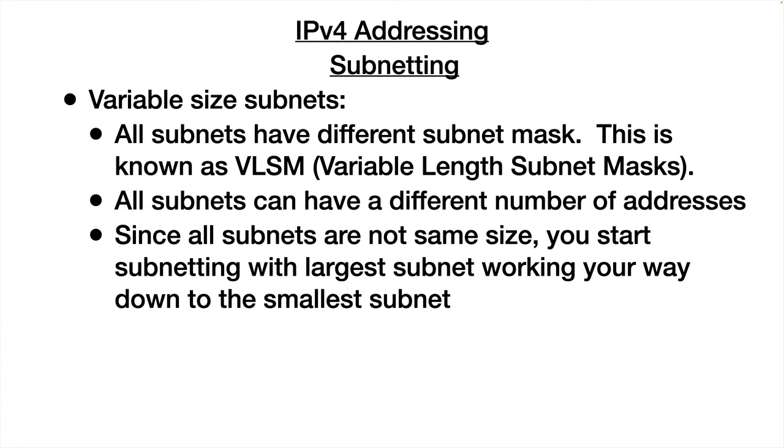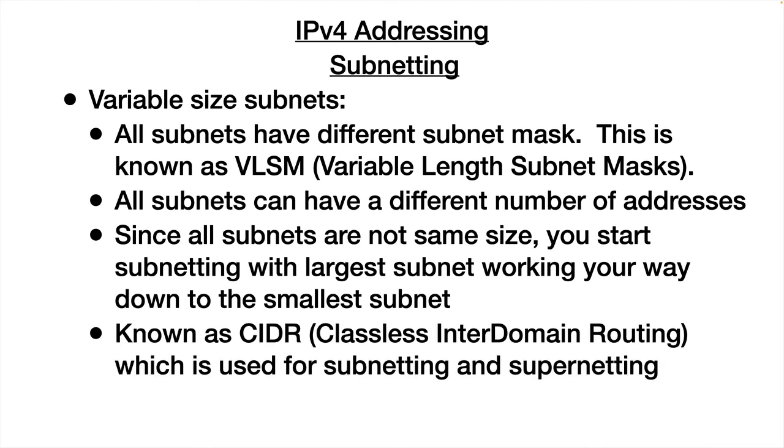In the case of variable length subnet mask, we have to have them in order, largest to smallest, for that to work. And as I mentioned before, this is known as CIDR, which is classless interdomain routing. It is used for subnetting, which you've probably done, and it is also used for supernetting, which you may not have done before.